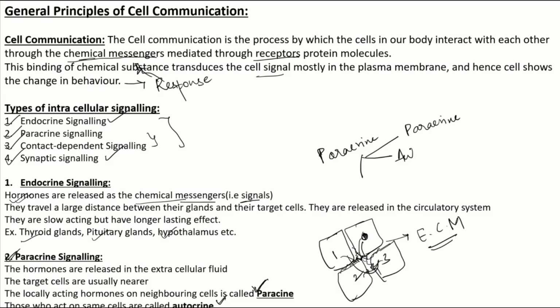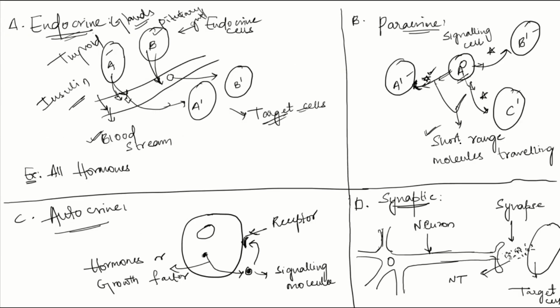The next is autocrine. What do you mean by autocrine? You can see this is a single cell. This cell is producing the hormone. For example, I have taken the growth factor. The growth factor is produced by this cell, and when it is released, it is self-binding to its own cell.